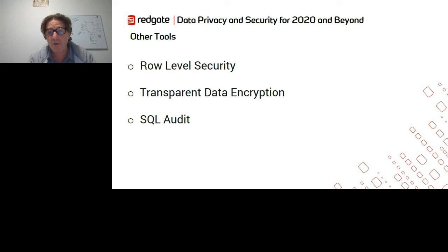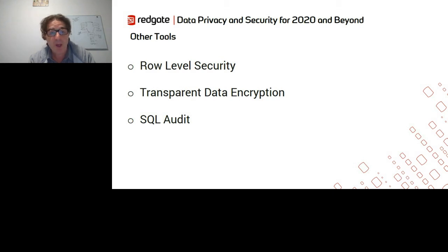But there's a whole load of other tools you can use, both in the box and from third parties. I mentioned row-level security before. That came into the product probably about 4 or 5 years ago, made its way into Azure SQL first, and then ended up in SQL Server 2016.